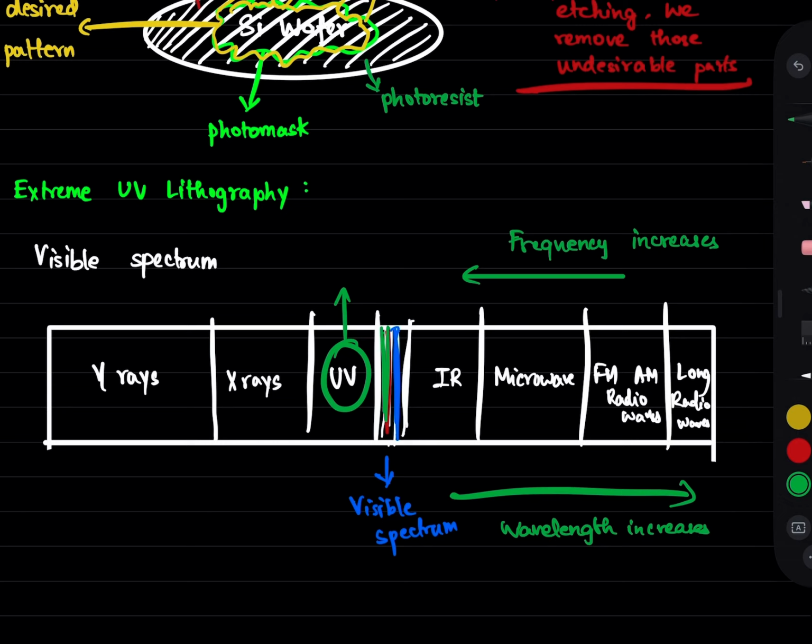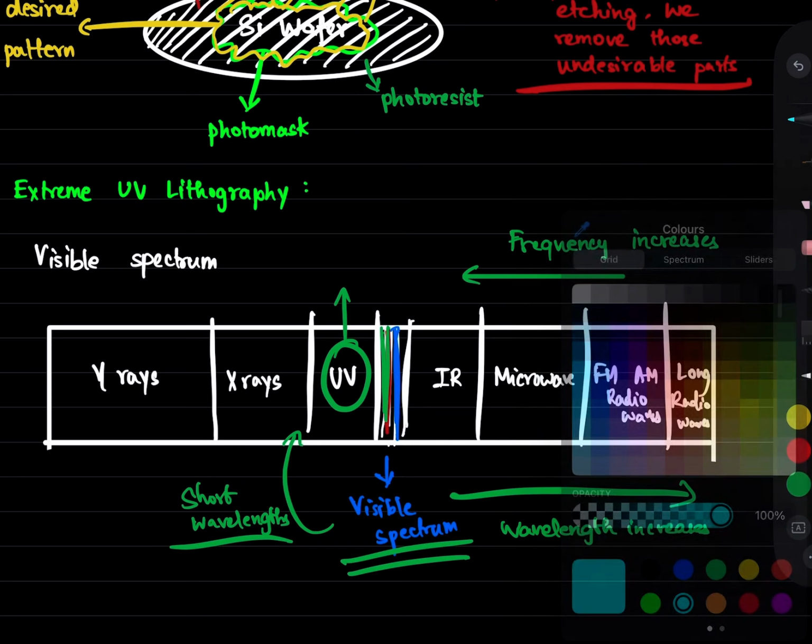So which means this has short wavelengths. UV has shorter wavelengths than visible spectrum light. So that is why we use ultraviolet rays, which have very short wavelengths, to design intricate patterns on the ICs, on the substrate.